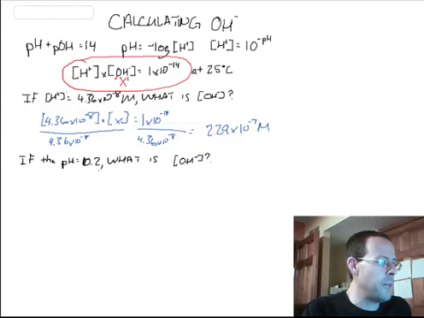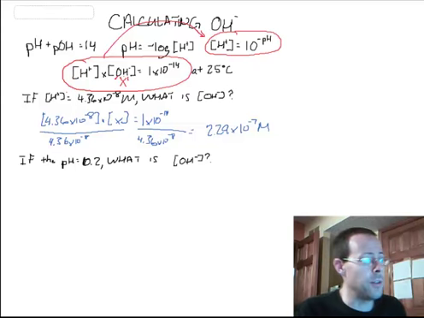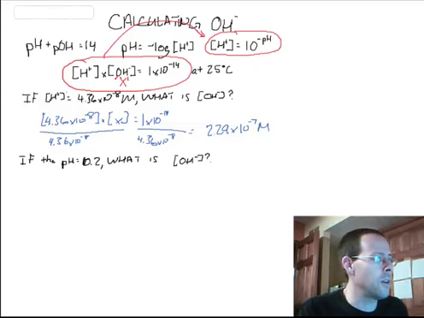So notice if I'm given pH, can I simply use this equation? I can't, because what's the only thing that can go into this equation? Only hydrogen concentration. So in order to get hydrogen concentration, I need to begin with this equation right here. Alright? So I'm going to first use this equation because I know pH, and with pH I can get hydrogen concentration, and that answer I'm going to then substitute into the second equation. So it's really a two-part question, or two-part mathematical equation.